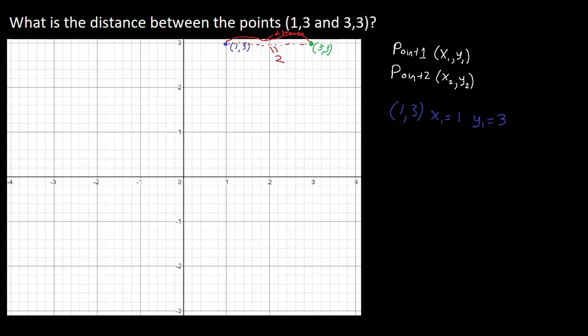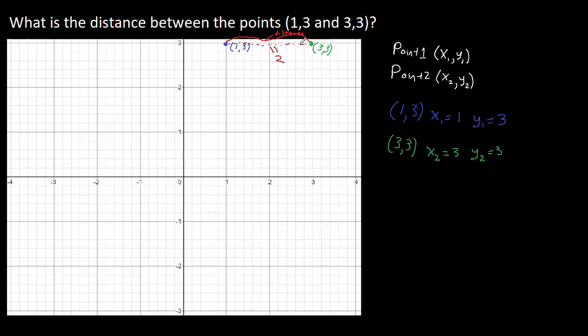And then our point 2 here is (3, 3). In this case, x2 is 3, and y2 is 3.